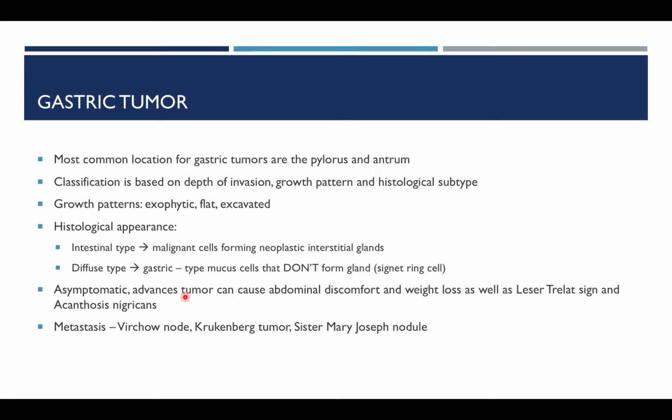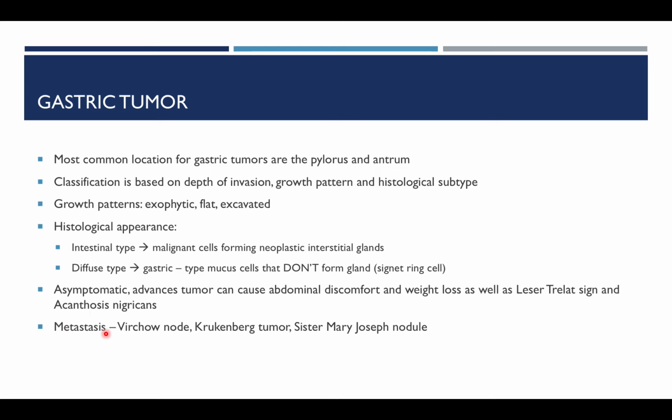Patients with gastric tumor tend to be asymptomatic, and only advanced tumors cause abdominal discomfort and weight loss. Other signs of gastric tumors are the Leser-Trélat sign, which is the presence of dozens of seborrheic keratoses all over the body, as well as acanthosis nigricans, which is darkening of the underarm.